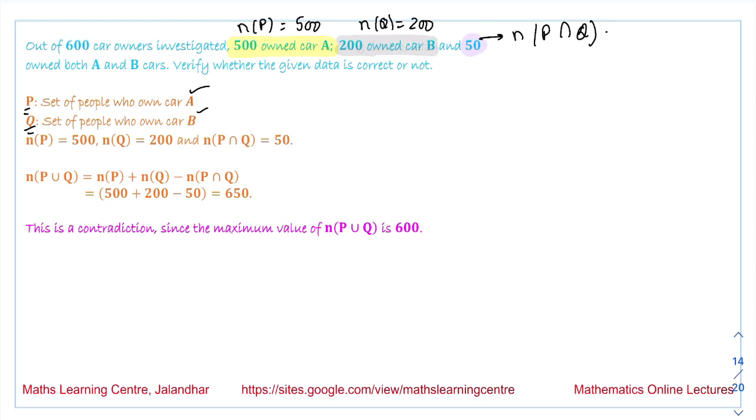There are a total of 600 car owners. We have to verify whether the given data is correct or not.